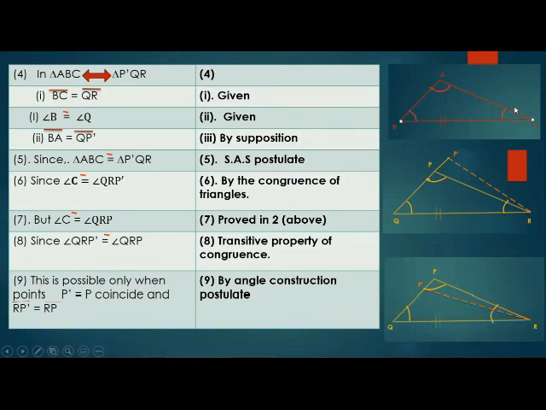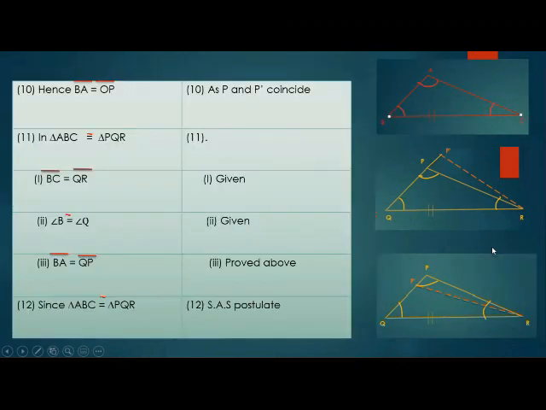So if this angle C is congruent to them both, they would also be equal to each other, like PQR and P dash QR. But this is only possible when P dash coincides with point P or is exactly equal to point P. But here is not the case.